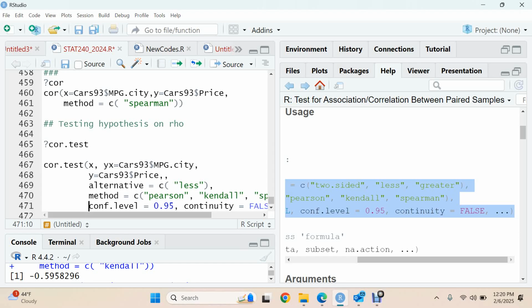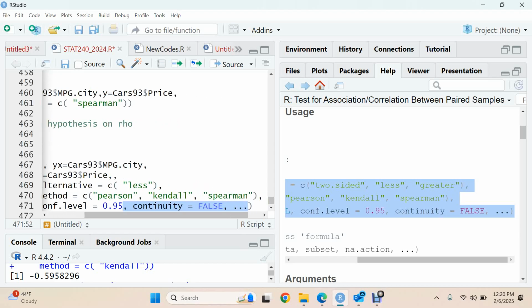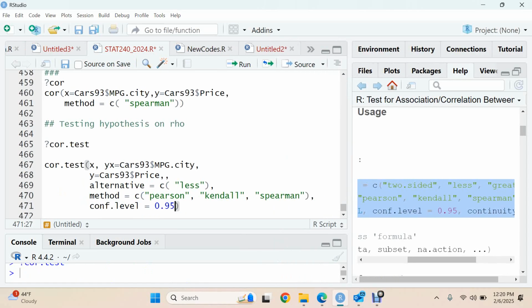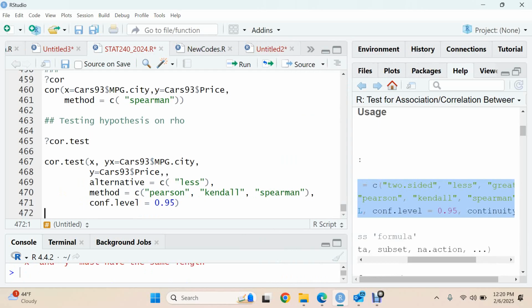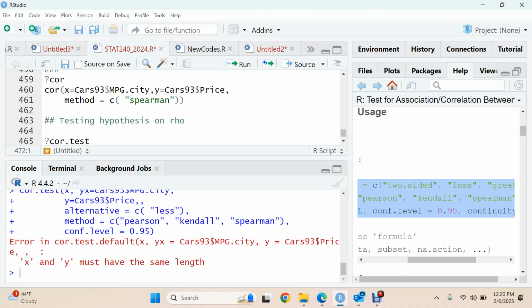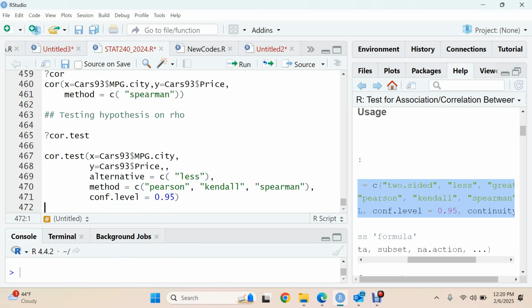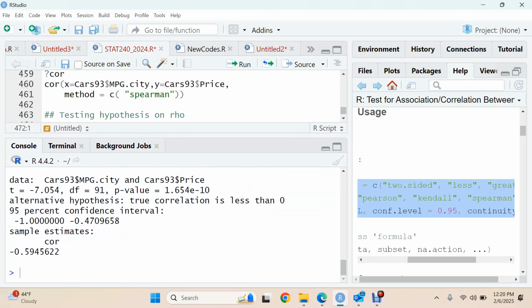Continuity is not necessary, and the rest we can delete. So this is how our test will look, and then we conduct it by running it and check the results. Something is wrong, because I did not delete that one. Good. So that's our results.